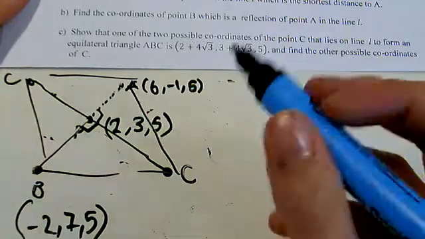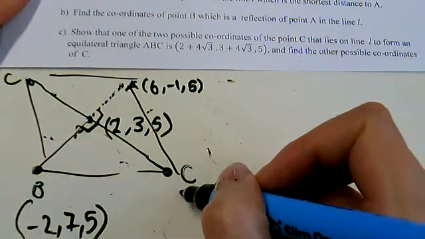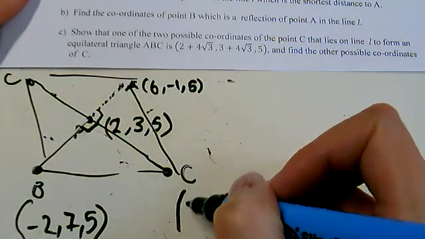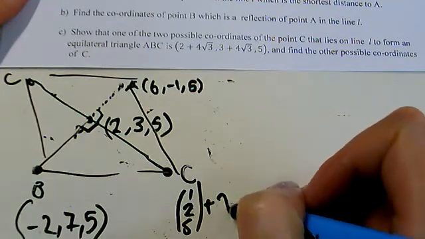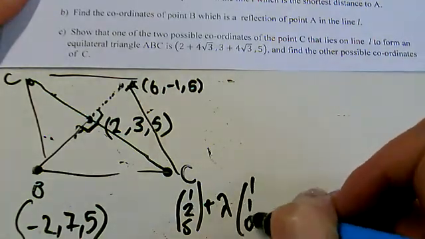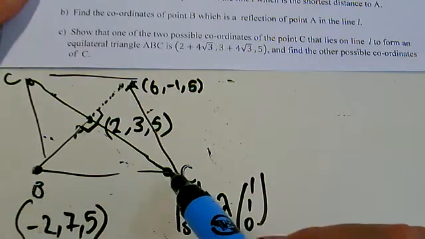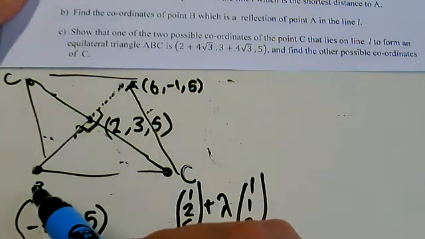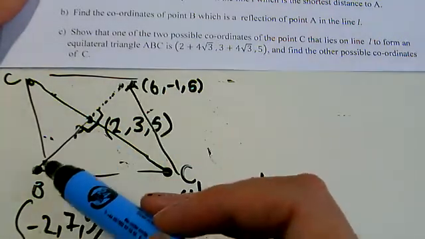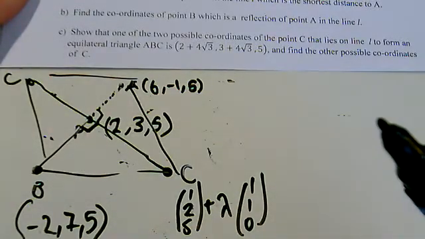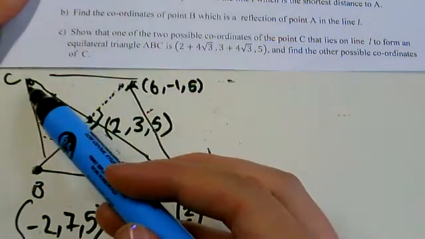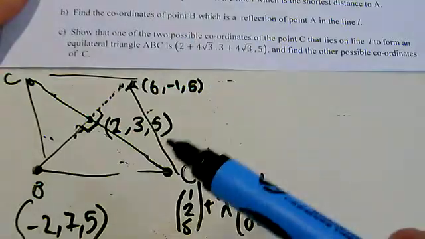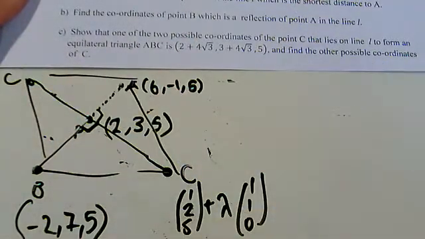And then if I set up a general coordinate for the point C again, so that's 1, 2, 5 plus lambda lots of 1, 1, 0. If I work out the distance from this line from B to C, it's going to be the same as the distance from A to B, and I'm imagining I'm going to get some sort of quadratic, so I could get the coordinates of the alternative point C there. So let's do that.